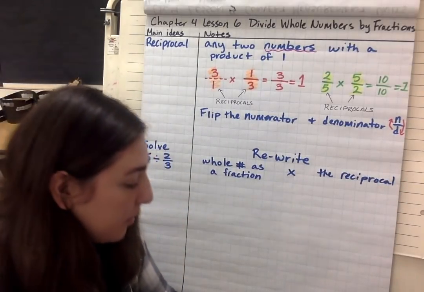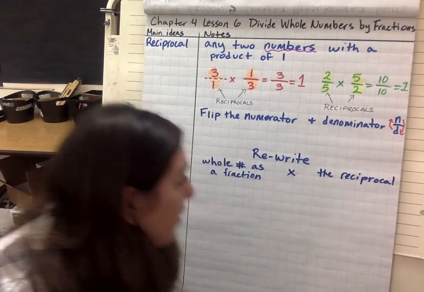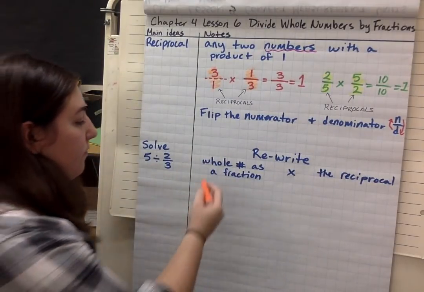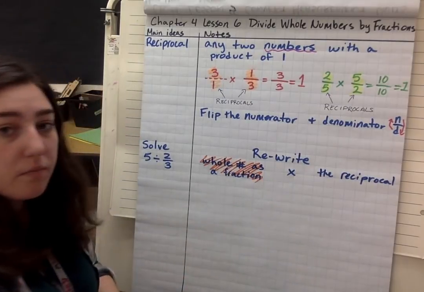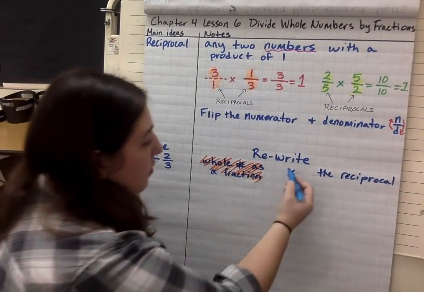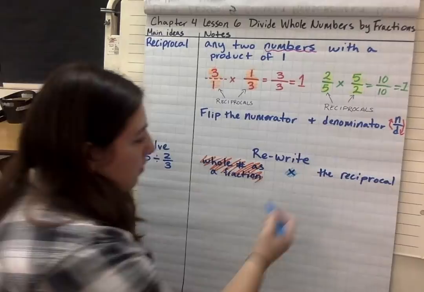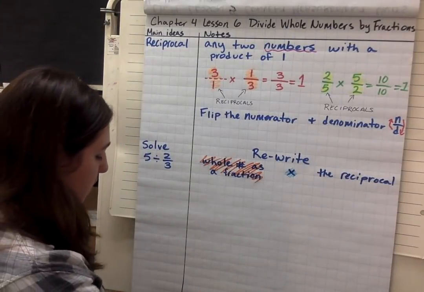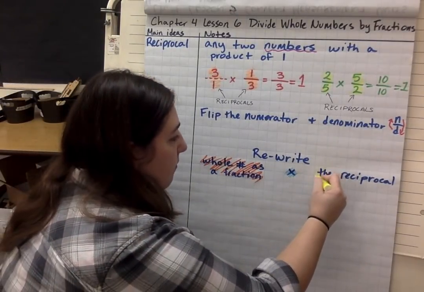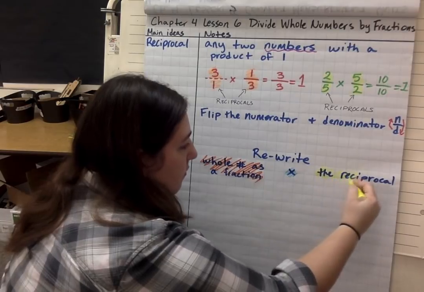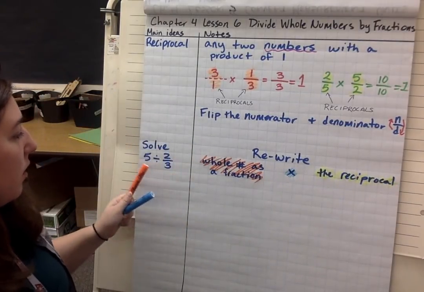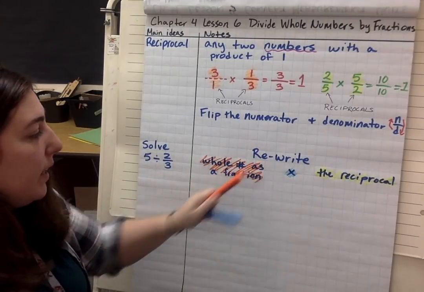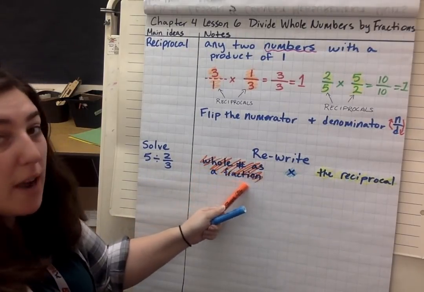Okay, so I'm going to highlight a few things real quick. Okay, so the way I'm going to solve this is by rewriting it as a whole number as a fraction.